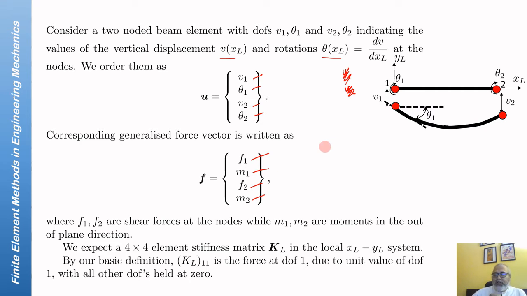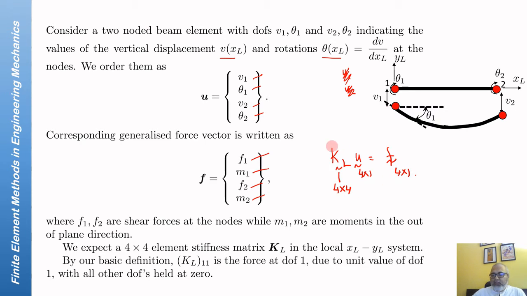So in the local coordinate system XLYL, our stiffness matrix, which will connect U with F, the local stiffness matrix which will connect U to F, should be 4 cross 4, because this is 4 cross 1 and this is 4 cross 1 as well.